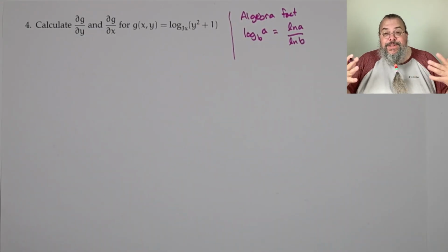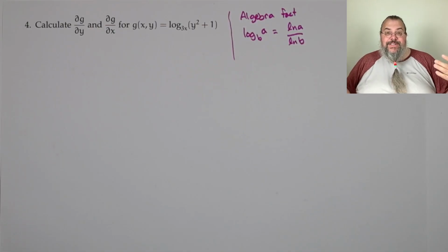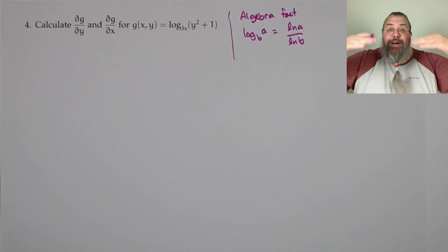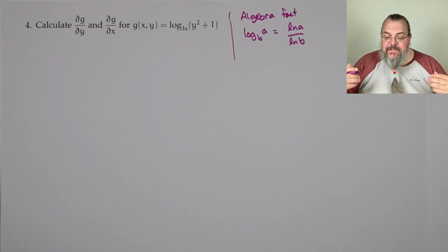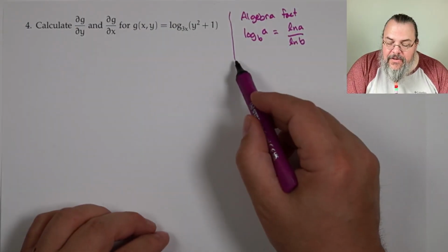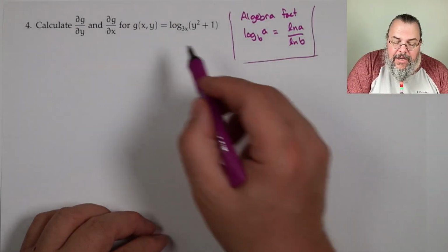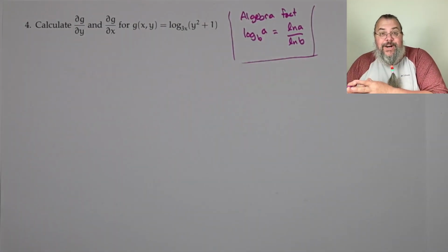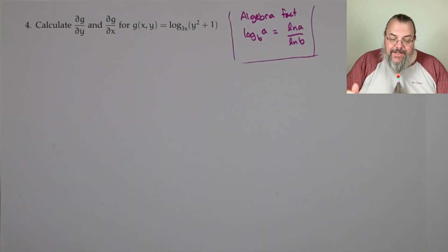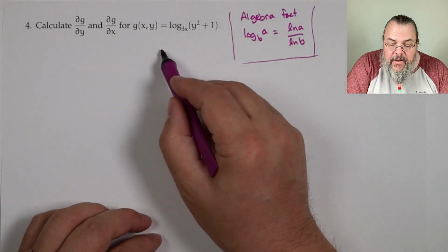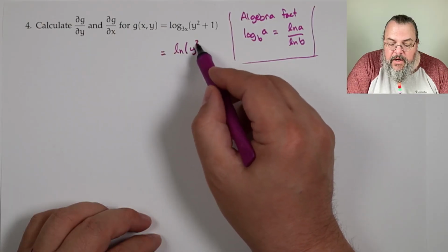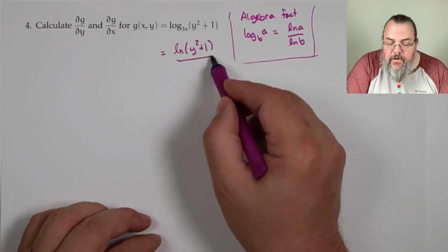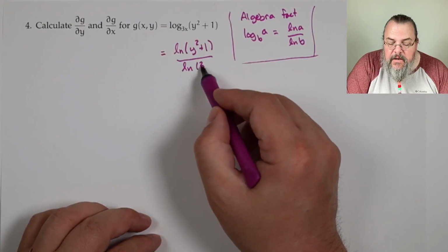And ultimately what it really says is that all logarithmic functions basically are the same up to a scaling factor. And so what does that let us do? Well, it says, hey, if you like natural log, use natural log. You just need to rewrite. So this becomes natural log of y squared plus 1 over natural log of 3x.